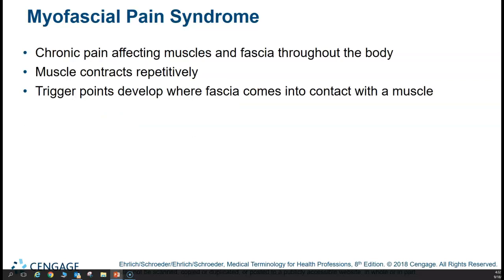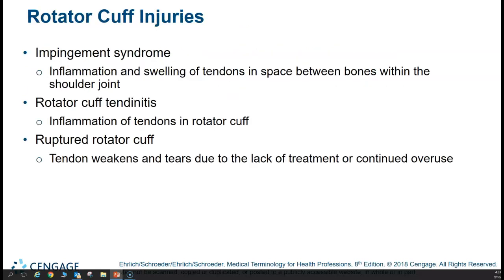Again, this is pain that goes throughout the body. The muscles contract repeatedly. Trigger point therapy is really, really nice for some of this. And it's actually myofascial release, where they go in, they use the trigger points in massage to try to help relieve some of that muscle and relax the muscle so they're not in such pain.